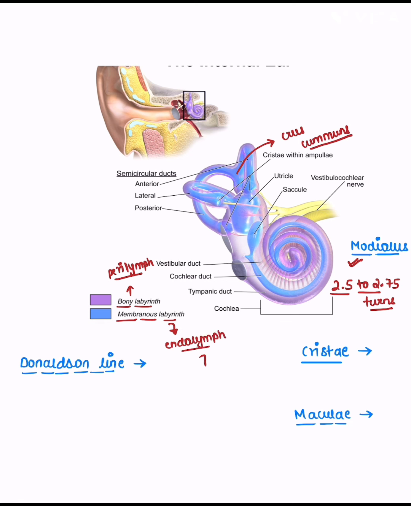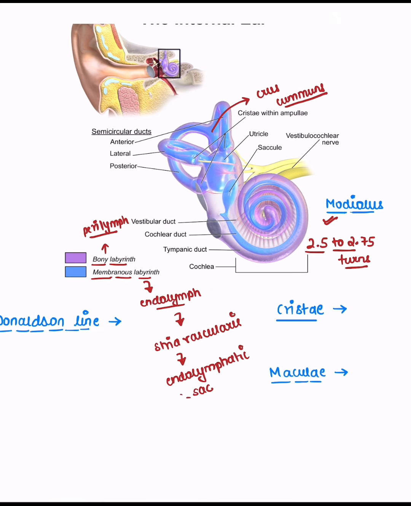The endolymph is produced by a structure known as the stria vascularis and is absorbed in the endolymphatic sac. It lies intradural, between the two layers of dura mater.